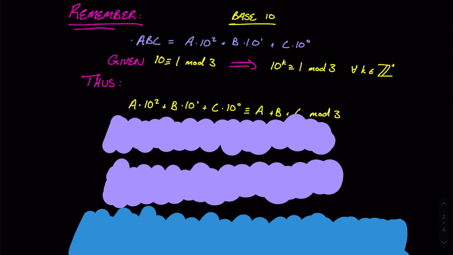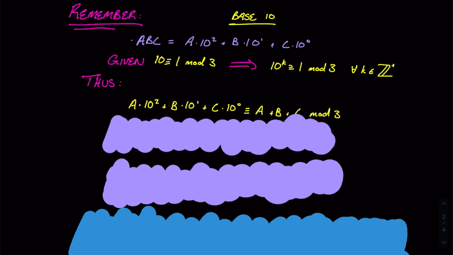We can say that when we have a number 10 and we divide by 3, we have a remainder of 1. So we have that 10 is congruent to 1 mod 3, and thus 10 to the k is also congruent to 1 mod 3 for any positive integer k.